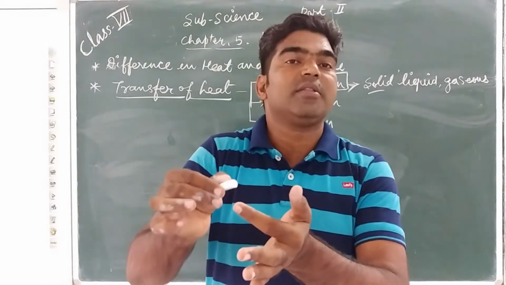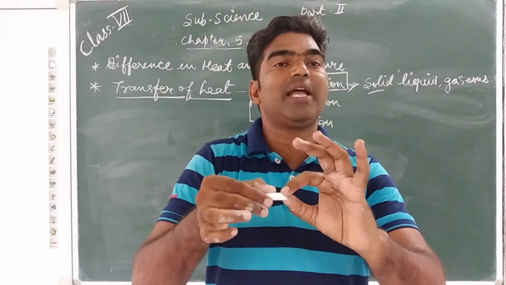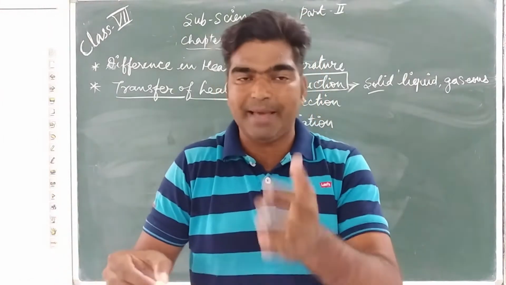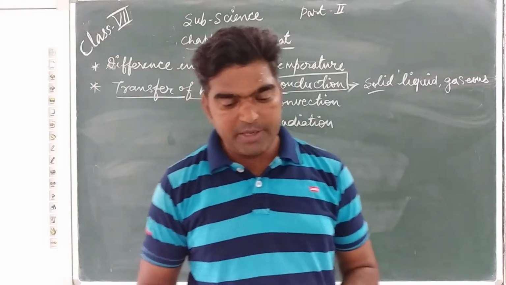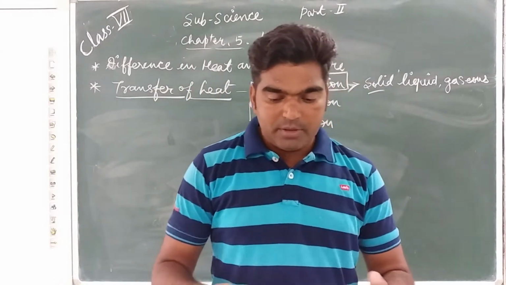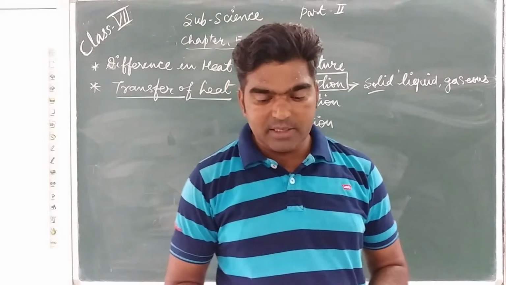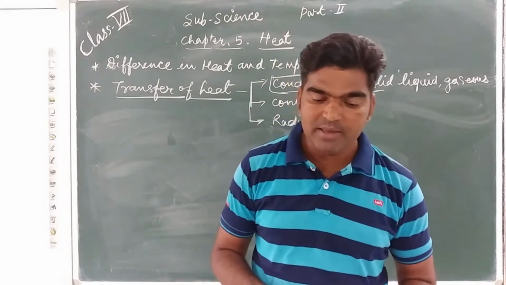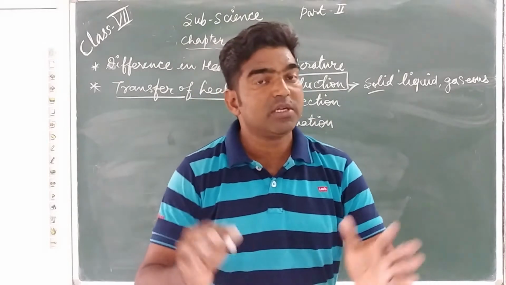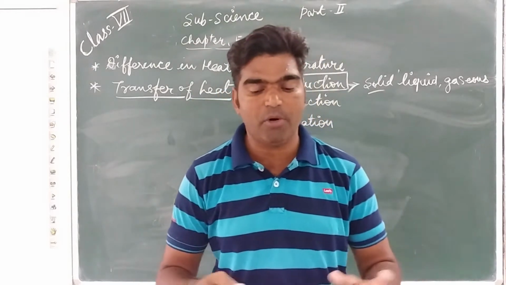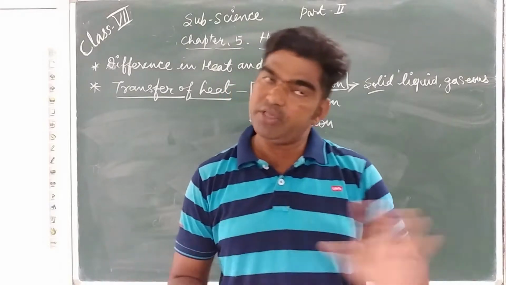Means the heat can be transferred from the higher temperature to the lower temperature by which we hold that spoon. Okay, so this phenomenon of transfer of heat from the region of higher temperature to that of lower temperature through a body or a substance is called conduction.